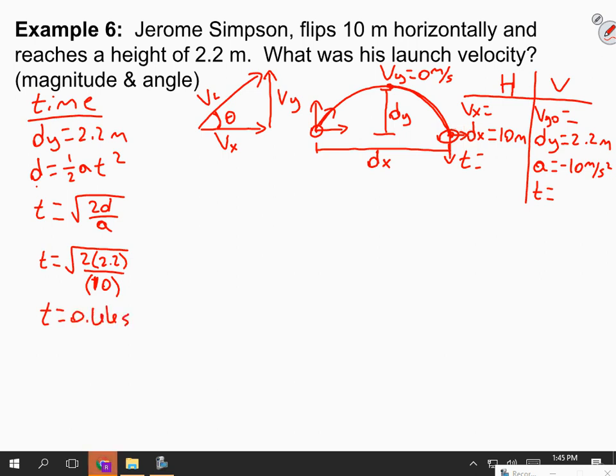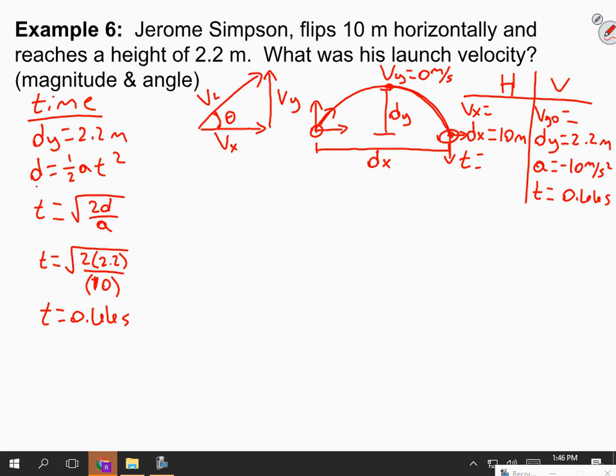Now, that's just the time to get down. So I'm going to put that on the y side, 0.66 seconds. That's the time to get from the very top down. But remember, he's also got to go up. Okay, so we need to multiply that by 2, and we get 1.32 seconds.